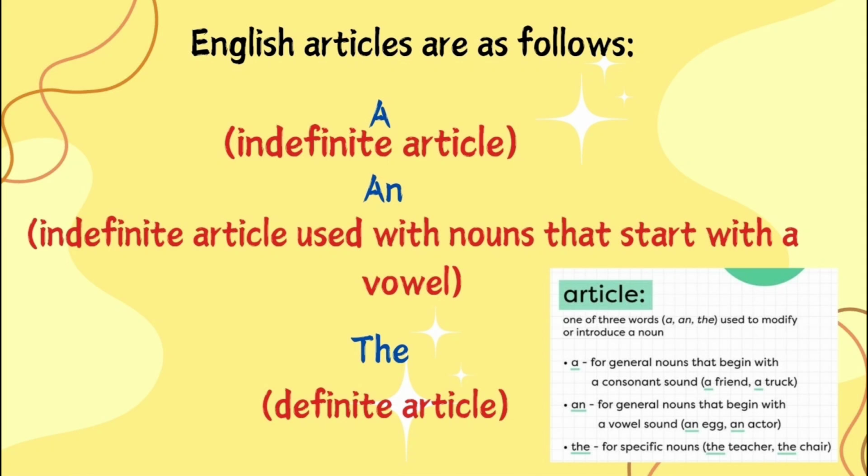It is important to know that if the article 'the' precedes or comes before a vowel sound, its pronunciation will be 'thee'. On the contrary, if it precedes or comes before a consonant sound, then its pronunciation will be 'thuh'. So this is the major difference between the two.